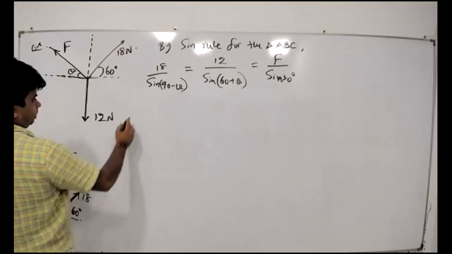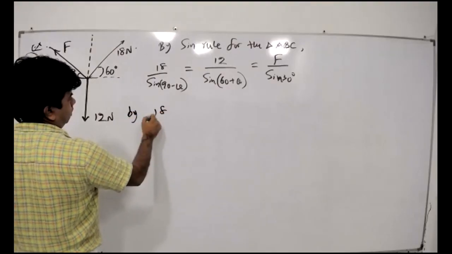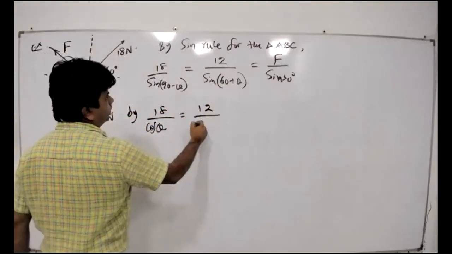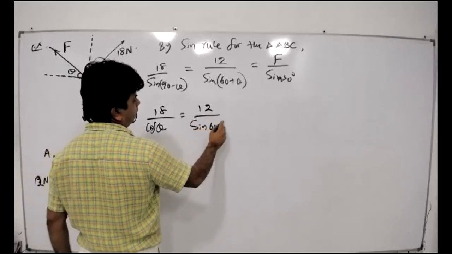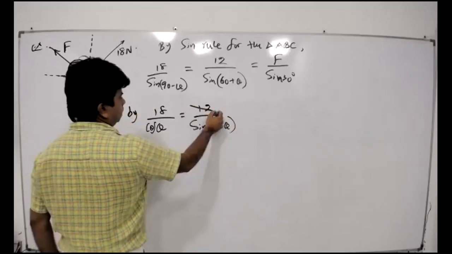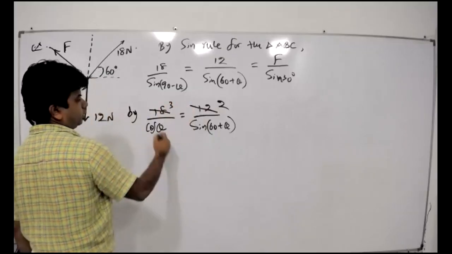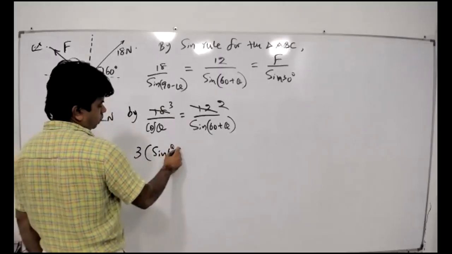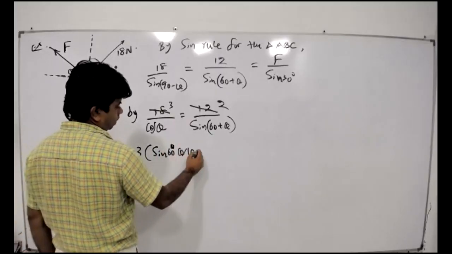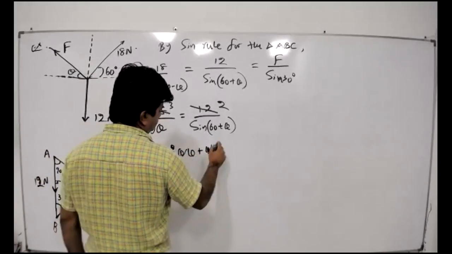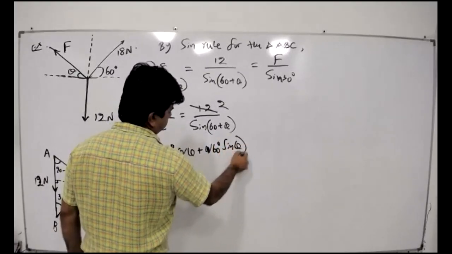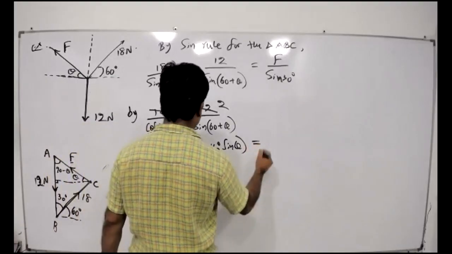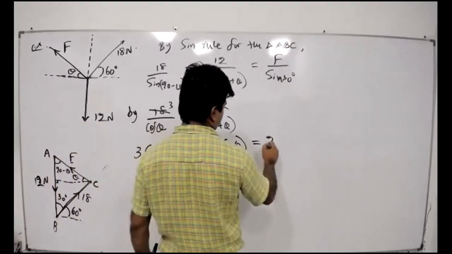Then by 18 over cos theta equals 12 over sine of 60 plus theta, right? 6 into 2, 6 into 3, right? Then 3 into sine 60 cos theta plus cos 60 sine theta equals 2 cos theta.